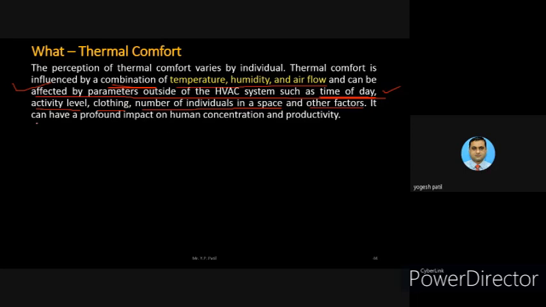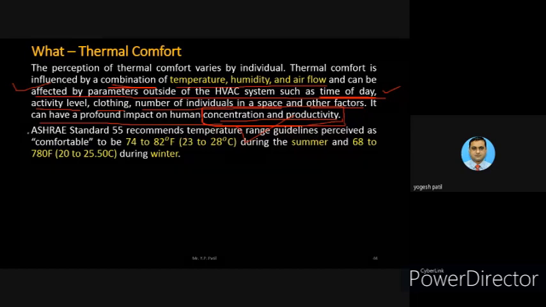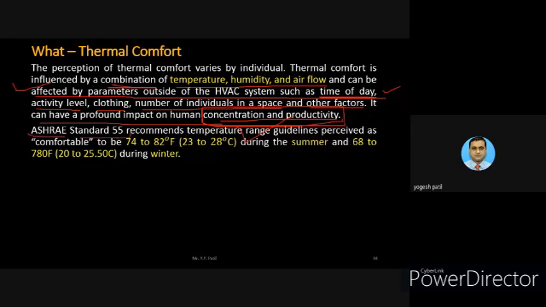It can have a profound impact on human concentration and productivity. Obviously the outcome of comfort is productivity and concentration, so it is important in deciding the control for this particular comfort. ASHRAE standard 55 recommends some temperature ranges for that particular comfort.